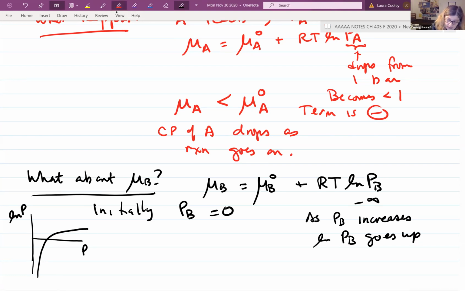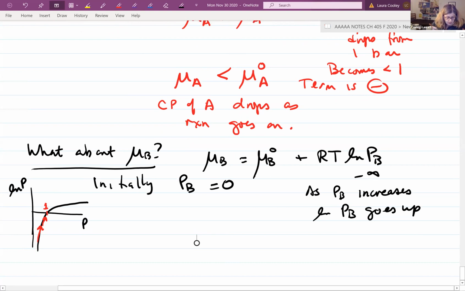So you're going this way on the curve. And actually this is 1 here, right? Anyway, PB is going up as the reaction goes forward. PB goes up, so mu B increases. It becomes greater than what it was initially.